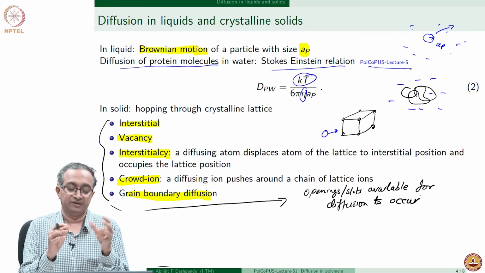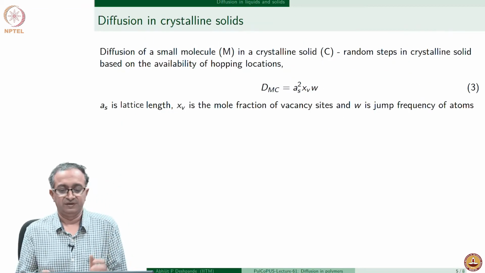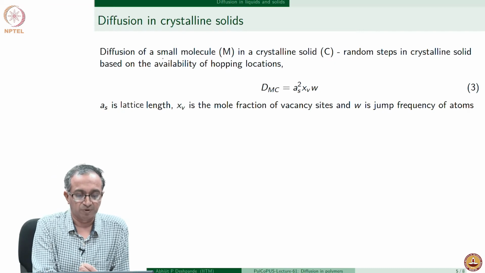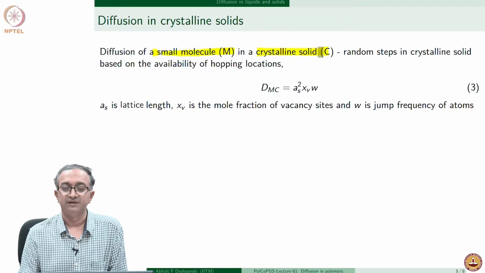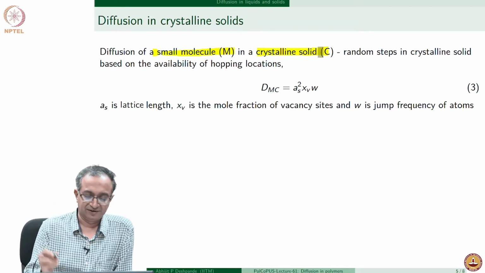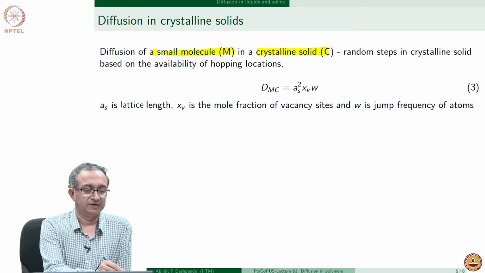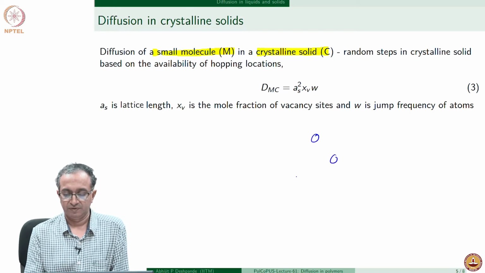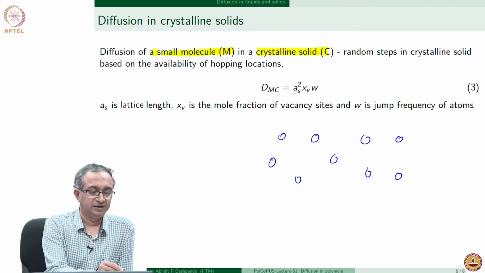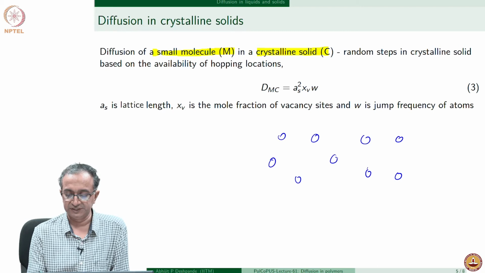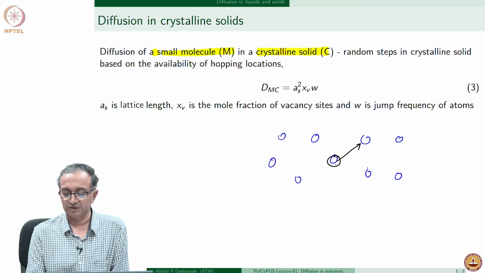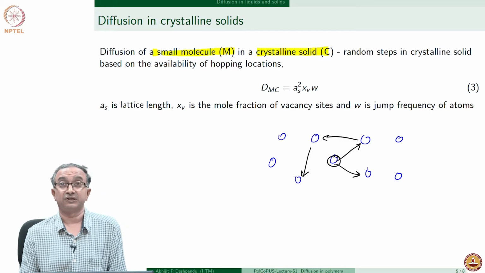So we can look at this problem in terms of diffusion of a small molecule in a crystalline solid, and it is like saying that you have all these different slots available, and the diffusing species can jump to this slot or this slot, and from here it can jump to this slot or that slot.